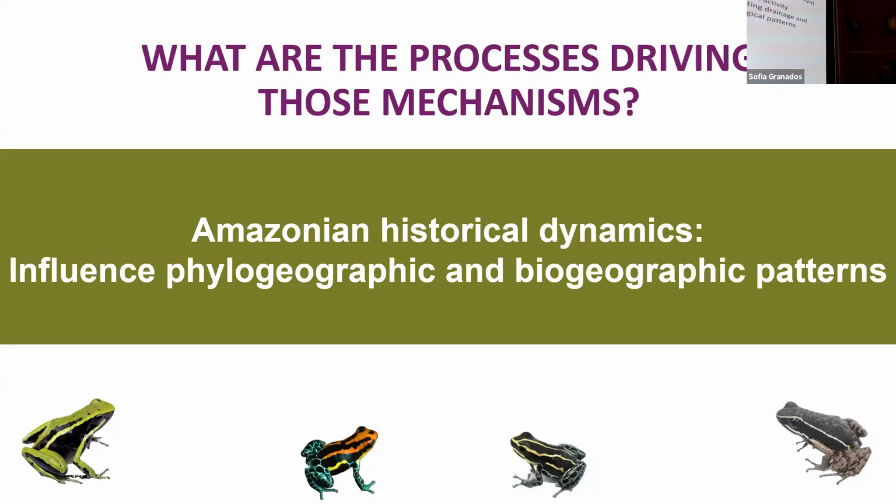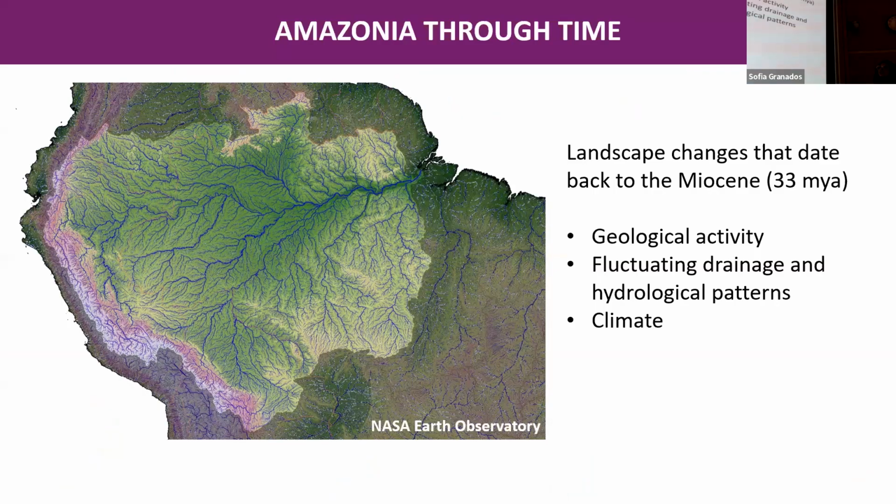Here I am showing you a picture of the Amazonia as it looks in the present time, where you can see the Amazon River and the tributaries right here, a huge river network. We see here in purple-ish the Andes.